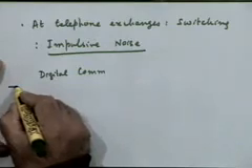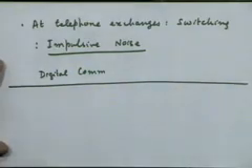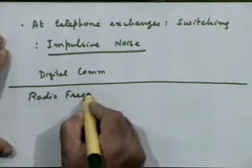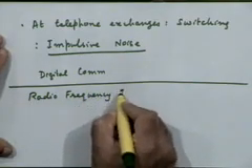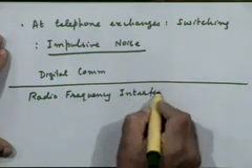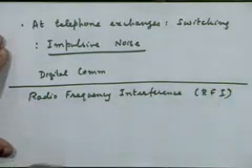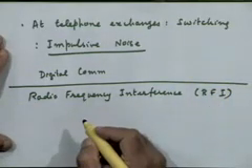Now let me stay with the man-made noise sources, but in this case the man-made noise sources are not due to these other activities of mankind, but due to communication activities of mankind itself, right? So there is the so-called radio frequency interference that we must talk about, usually denoted by RFI, right?